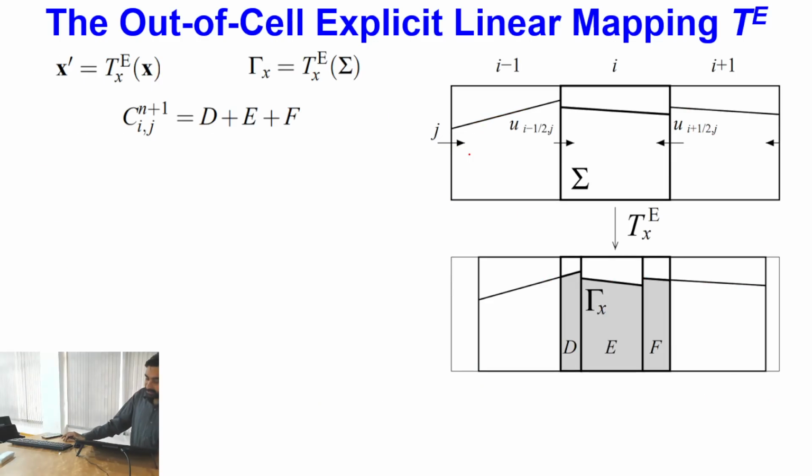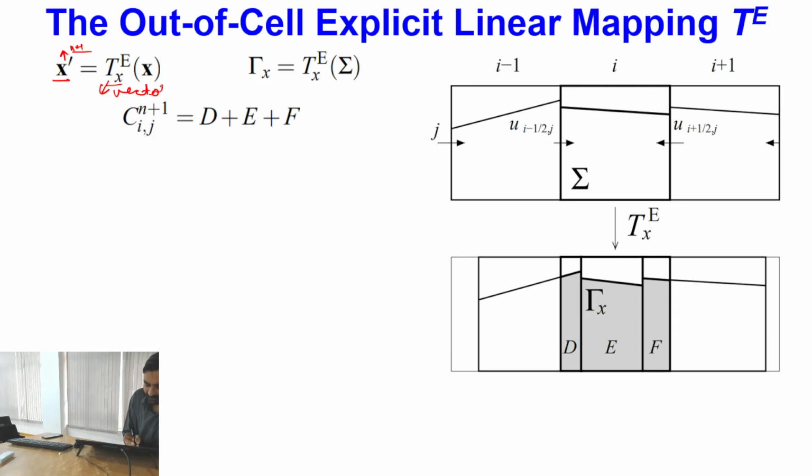So now let's try to understand this with the help of some geometrical representation. What I said is that x dash, which represents the position at level n plus 1, is equal to TXE of x. What is this TXE?